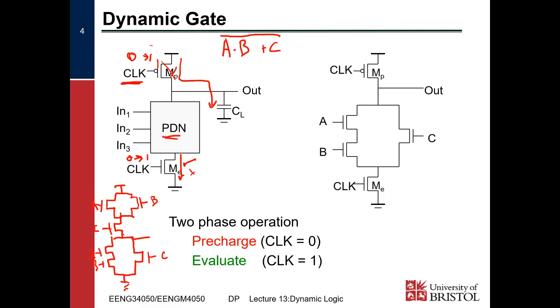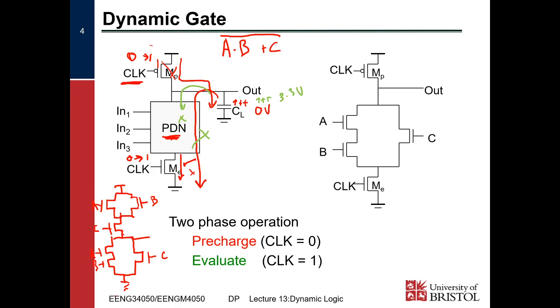If our pull-down network is on, then that high voltage stored on CL will get discharged through the pull-down network, through the evaluate transistor down to ground, and so this will return to 0 volts. If, on the other hand, our pull-down network is off, then we will maintain the voltage on CL because there won't be a path through the PDN, and so this will stay at 3.3 volts or whatever our VDD is. Okay?